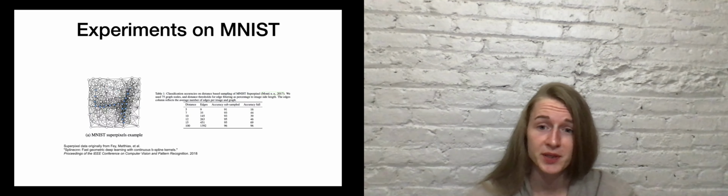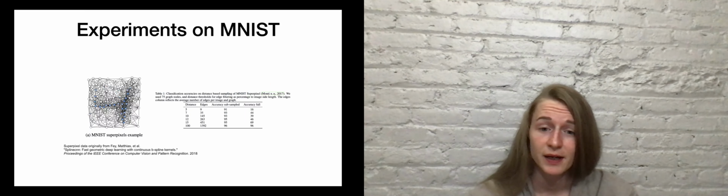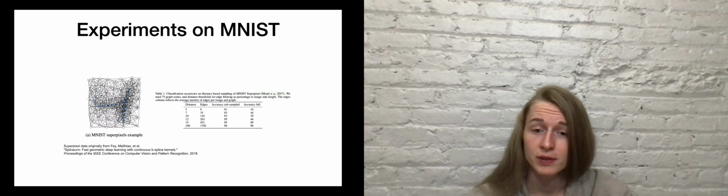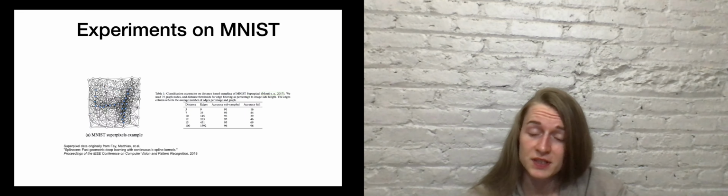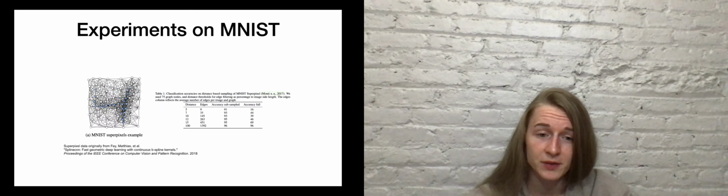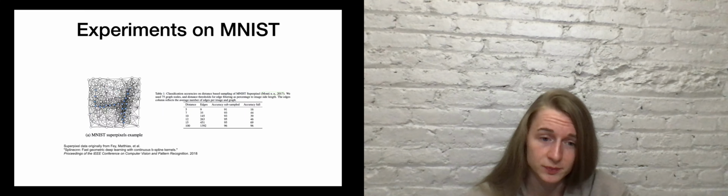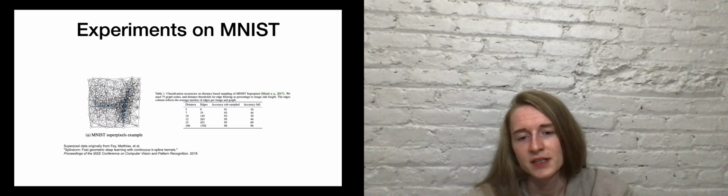So for our experiments on the superpixel MNIST dataset, we've been checking how the prediction of the digits changes with different subsampling of graphs. We have been subsampling the edges based on distance values, so we have been removing edges where the nodes have a longer distance to each other.